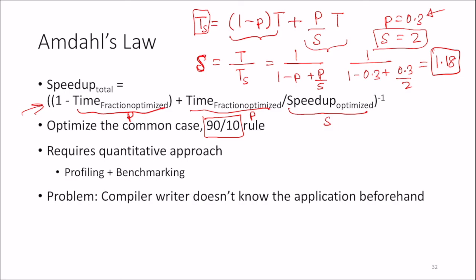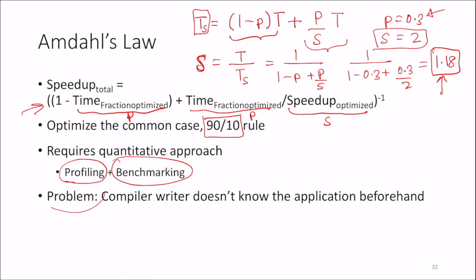It requires a quantitative approach rather than a theoretical approach. So you need to do profiling, you need to do benchmarking, and this will tell us which part of the program needs to be optimized. And this is, I guess, common sense as well, but Amdahl's law really puts a number on how much improvement you will get unless you do a careful job of profiling and benchmarking.